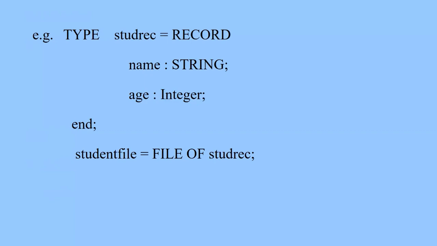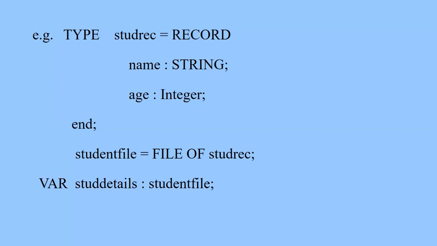So student file is our variable that we are going to use to manipulate the elements or the members of the file, which in this case is a record. That is file of studrec.